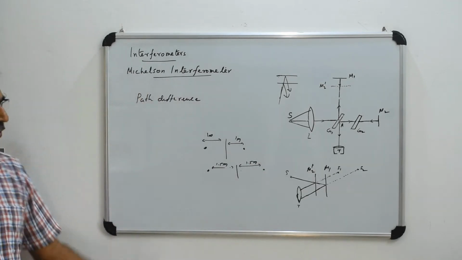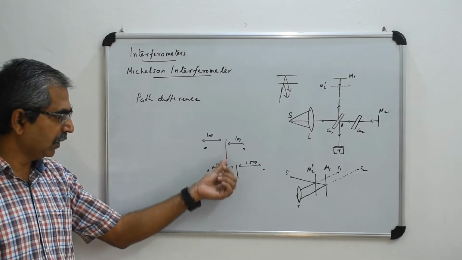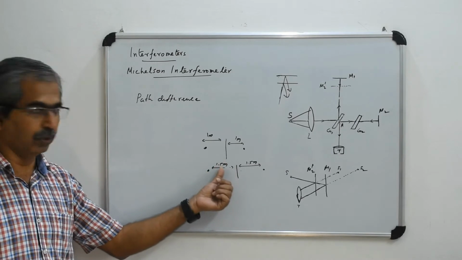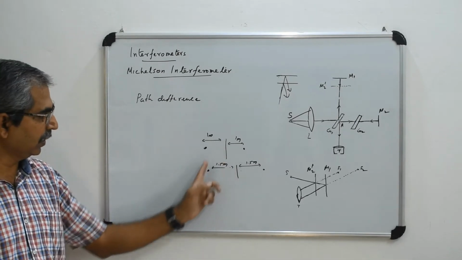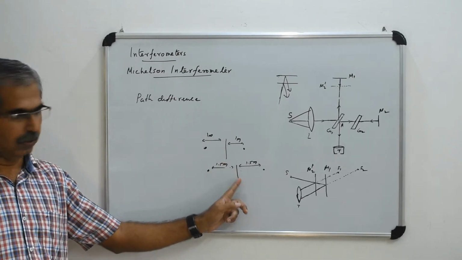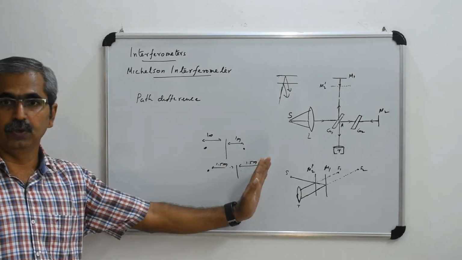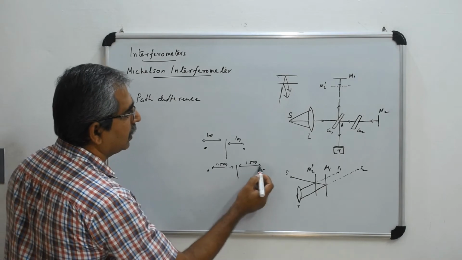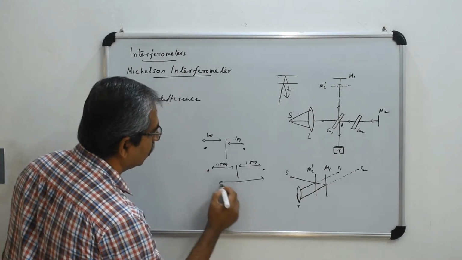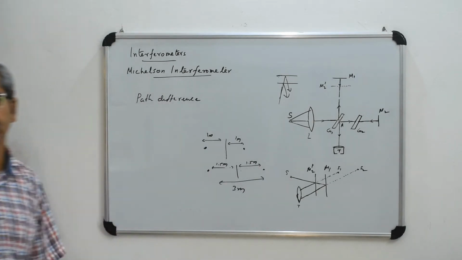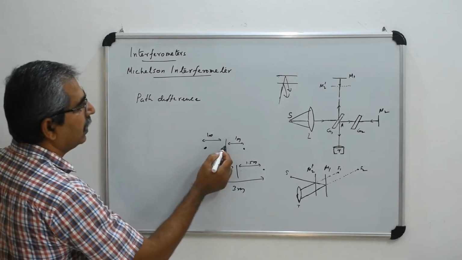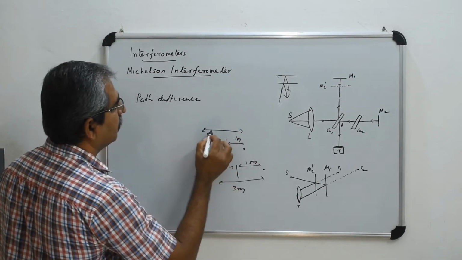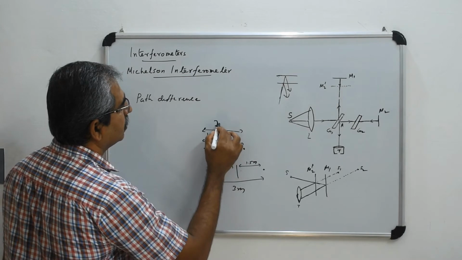So this mirror is moved through a distance of 0.5 meter, from 1 meter to 1.5 meter. Where will you observe the new image? This is 1.5 meter and this is 1.5 meter, so the total will be 3 meters. Earlier, this is 1 meter and this is 1 meter, so the total distance was 2 meters.